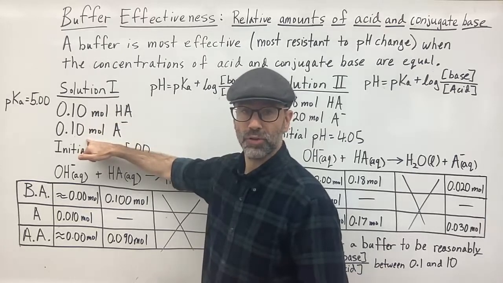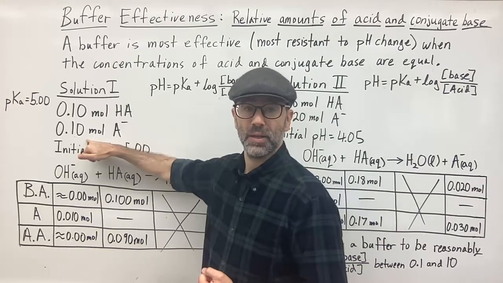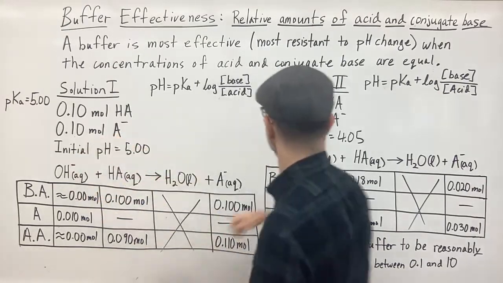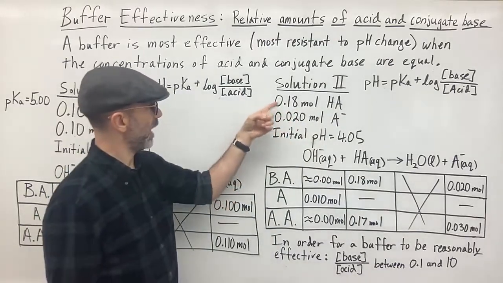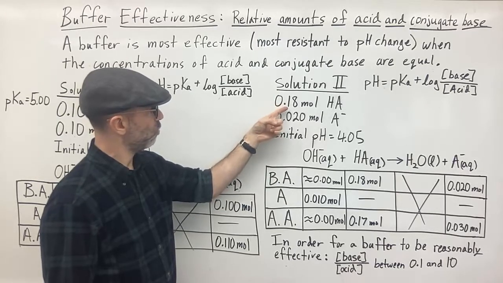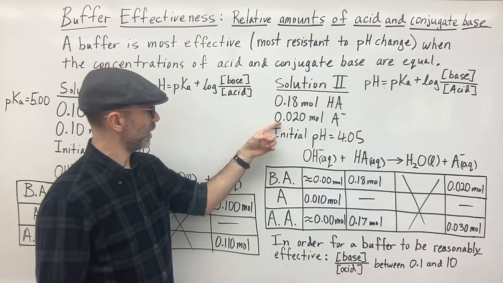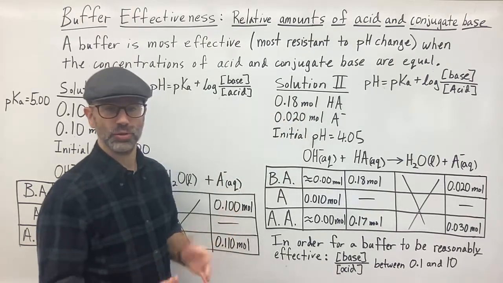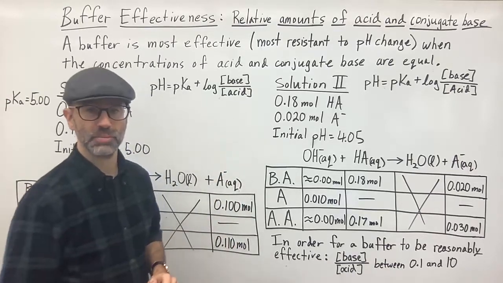So we'll see how that affects the effectiveness of the buffer. And in solution 2, we have the acid as 0.18 moles and the conjugate base as 0.020 moles. So they're not equal. We'll do the calculation and see how these two solutions compare.